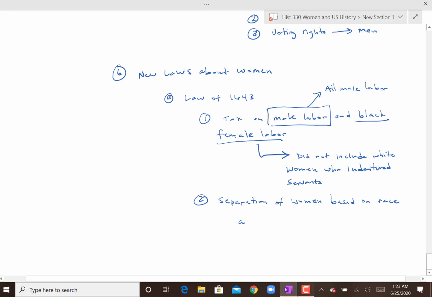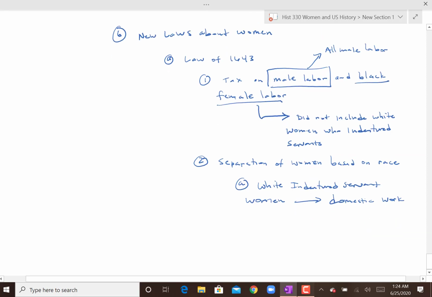And what it's creating is that white women, indentured servants, we'll say white indentured servant women, they were moving to the domestic work.